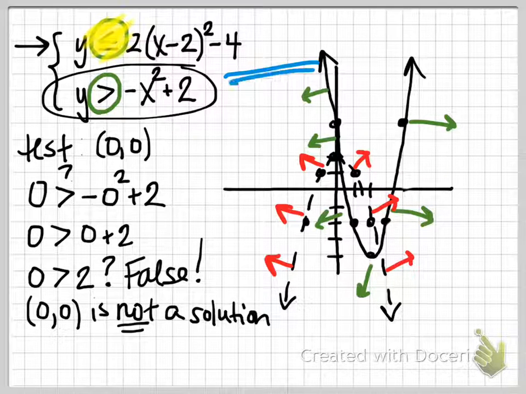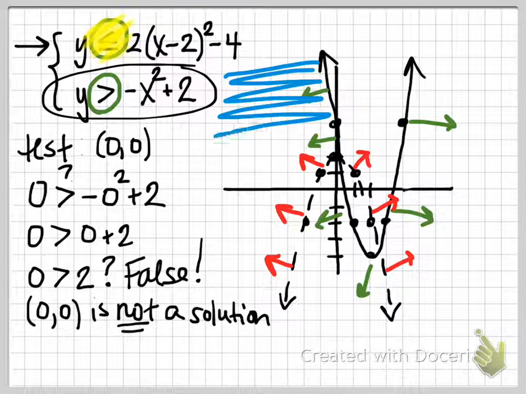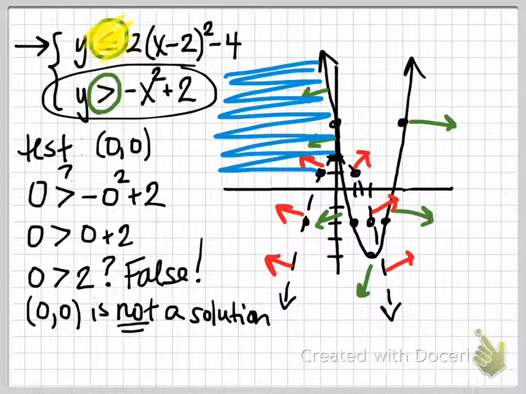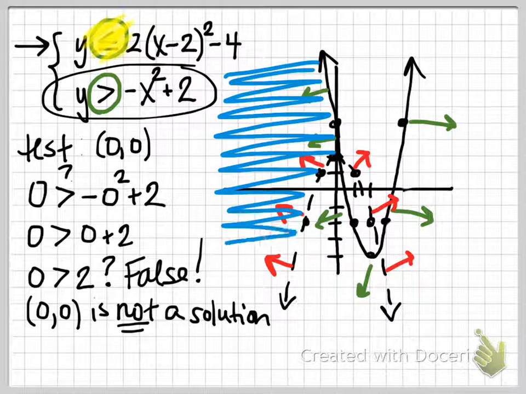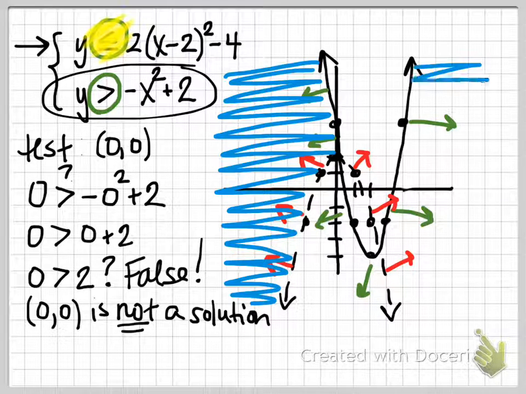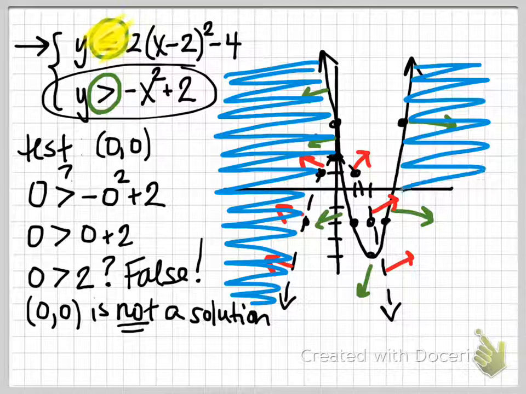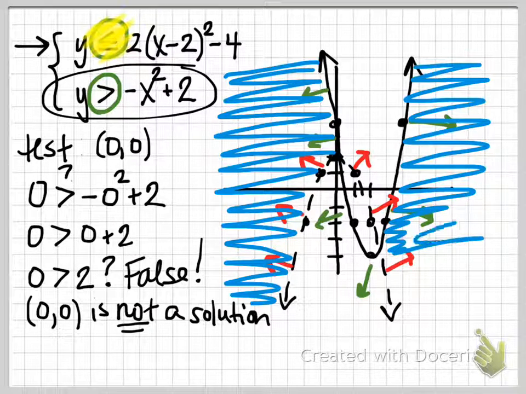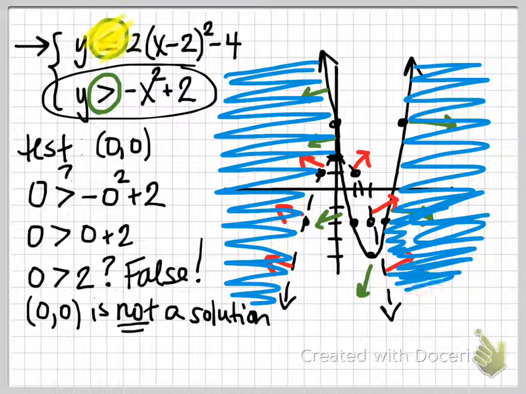Well, I would include everything here that's outside this first parabola, but then down here I'm choosing everything that is also outside the second parabola, so that would be that region. And then on the right hand side, this is everything outside the first parabola, coming down here and including everything also outside the second parabola. So this blue shaded region contains all of my solutions, and there's an infinite number of them.